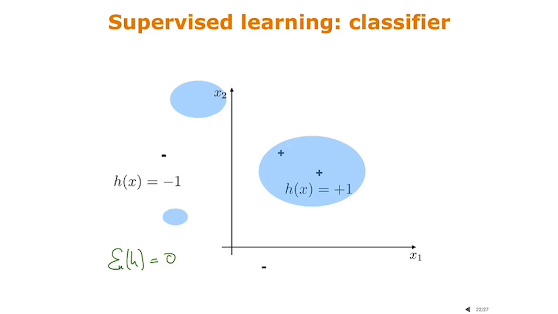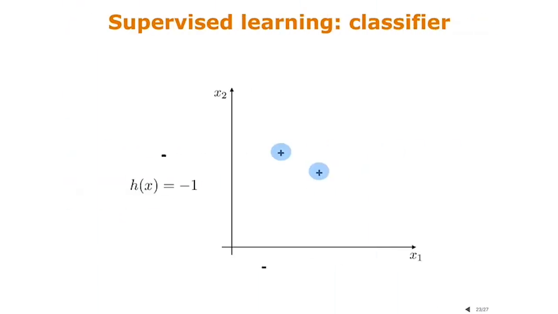Let's take a more extreme example. Here's a classifier where the shaded regions are just wrapped around those positive training examples, and all the rest are classified as negative. Okay, the training error of this classifier is also 0.